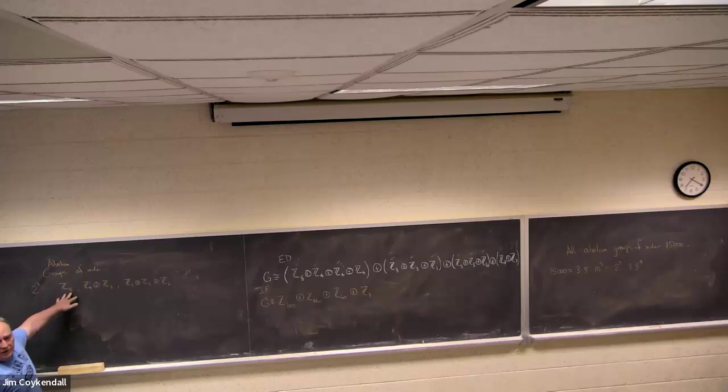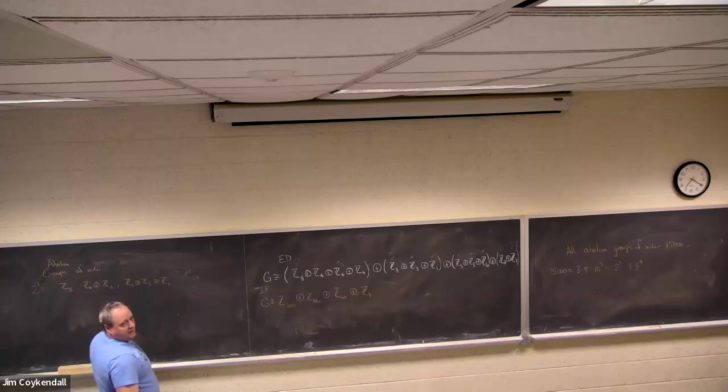Basically, this is 2 cubed, so partitions of 3. 3 can be written as 3, 2 plus 1, and 1 plus 1 plus 1. Groups of order 3: C3, and that's it.